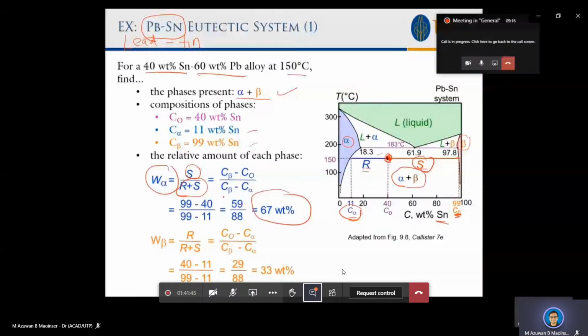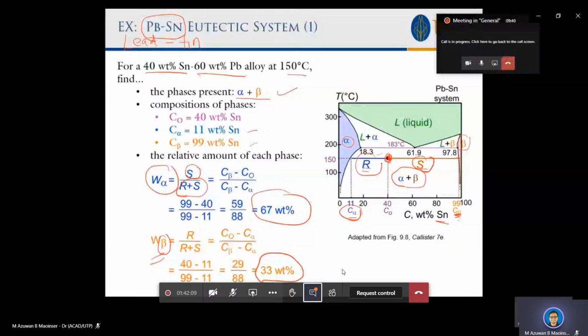So without calculating beta, I can tell already that beta would be 33 weight percent, because everything must be 100%. But if you want to find beta, beta is on this side. This is the beta side. Therefore, you move to the opposite side of the lever rule, the tie line.